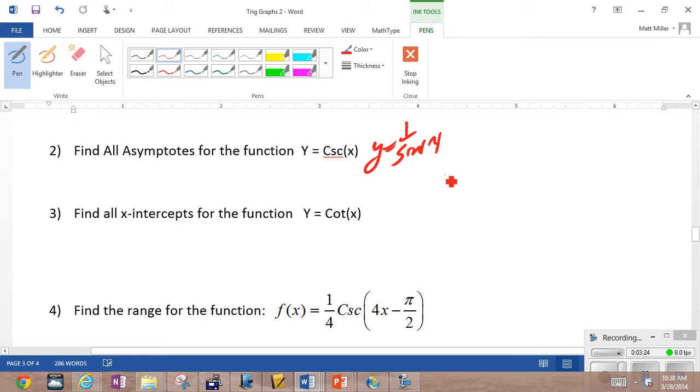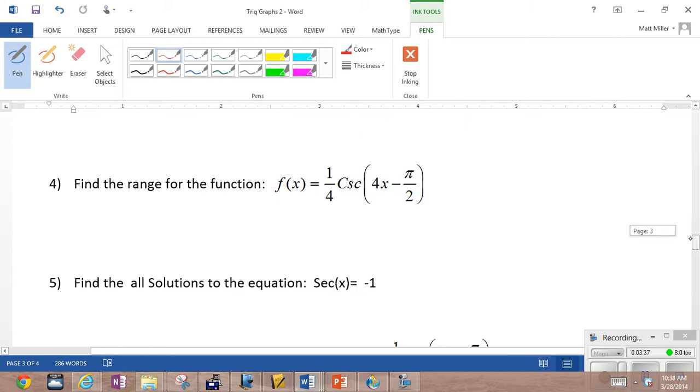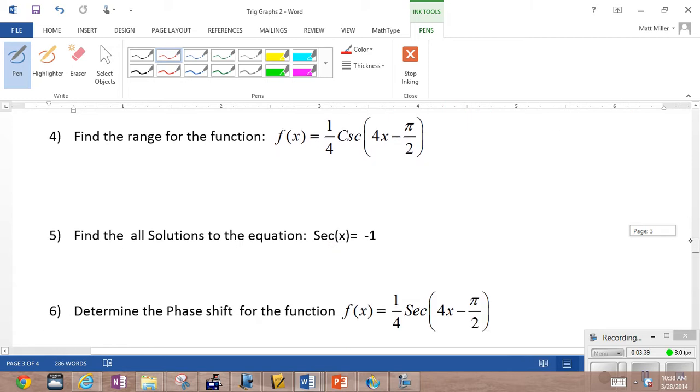So that's going to be at pi k values, at all pi k values. That's because remember what the sine graph looks like. 0, pi, 2 pi are all the intercepts, so wherever those intercepts occur, that's where the asymptotes are going to be.